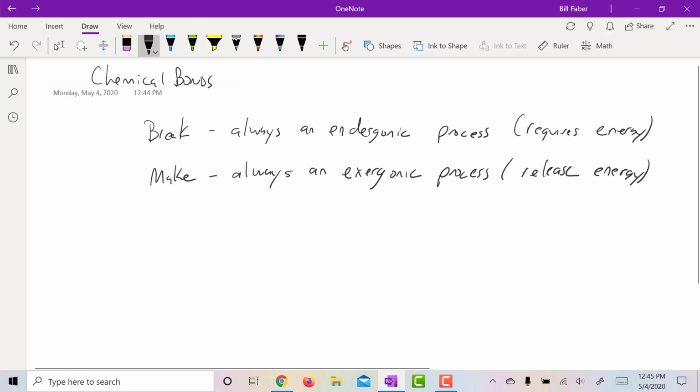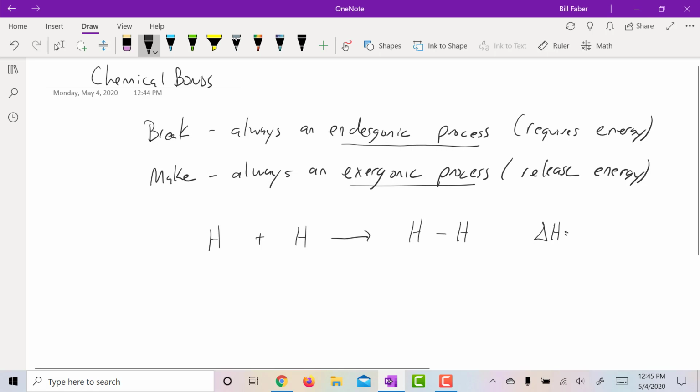So if you had something like a hydrogen and you wanted to link it to another hydrogen and make a bond, like H2, you could look up the value for this, and I'm going to use delta H's instead of, typically when we're talking about exergonic and endergonic, we're talking about delta G's.